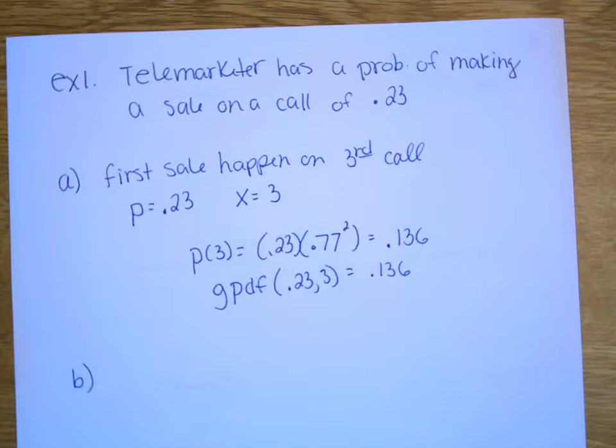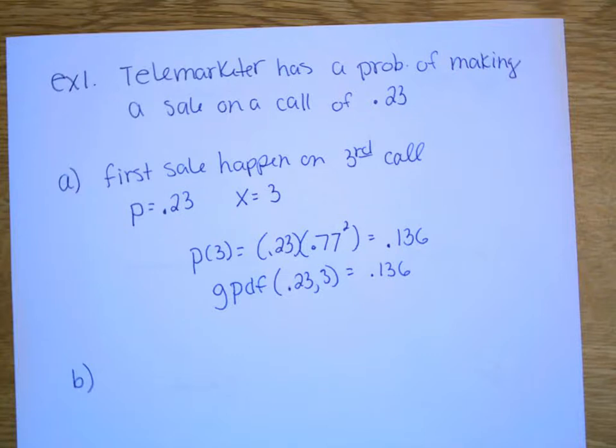GeoMet PDF 0.23, comma 3. I got the same thing. Are you using the PDF or the CDF? Yeah, GeoMet PDF. 0.23, comma 3. Oh, I was doing comma 2. Well, there we go. Because you did the x minus 1. Oh, I got it. Okay. See, good thing you tried. Now you won't make that mistake.